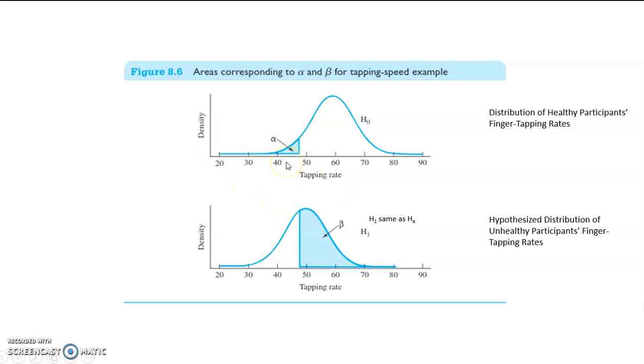Okay? But if it's actually true, then this is the probability of making a type 1 error. The area under this curve. Basically, that's if you're kind of throwing darts. 5% of the time you're going to get it here, and that's where you're going to reject a true null hypothesis, because now we're talking about the distribution under the null hypothesis.